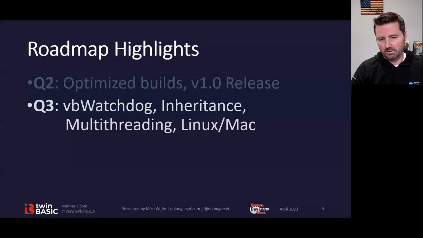The language is already multi-threaded, there's just no syntax to really make use of it at this point. So adding the native syntax to do multi-threading, and then cross-platform support for Linux and Mac, to work on other desktops.